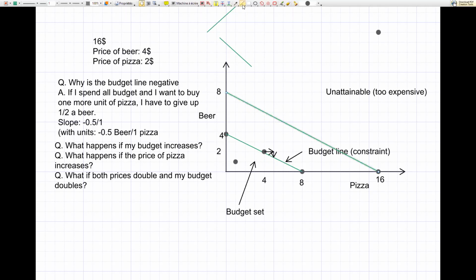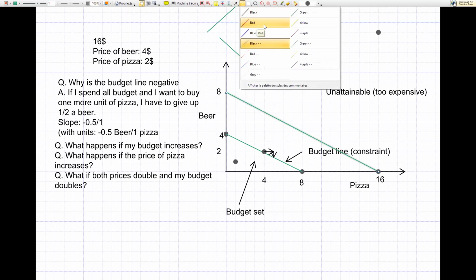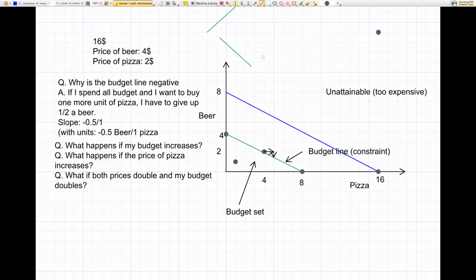I have a question. Yeah, go ahead. If the budget didn't allow for a full beer, for example, but allowed for another full pizza, would the slope still be the same? Okay, so yes, that's a good question.